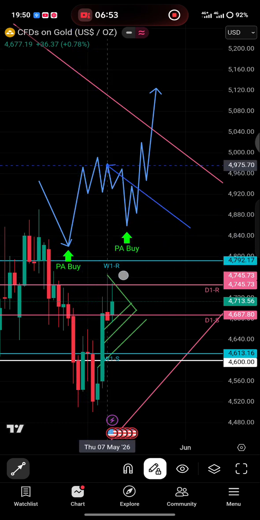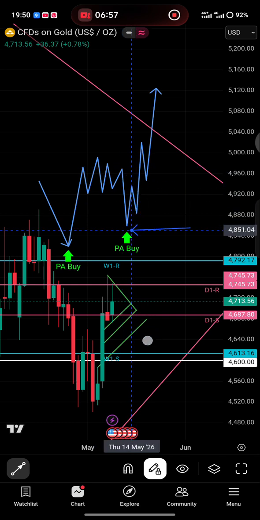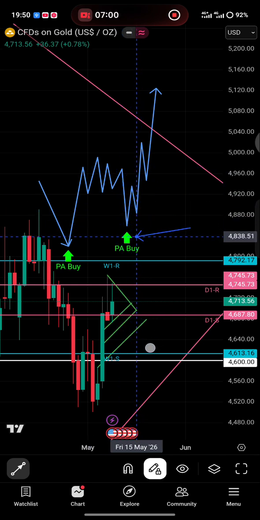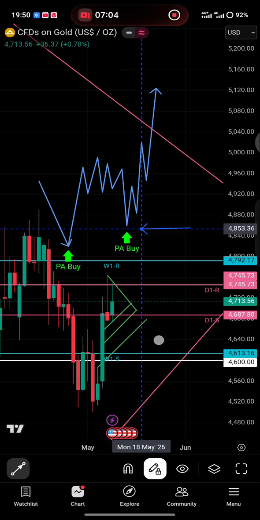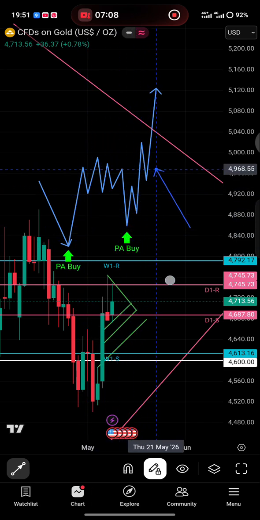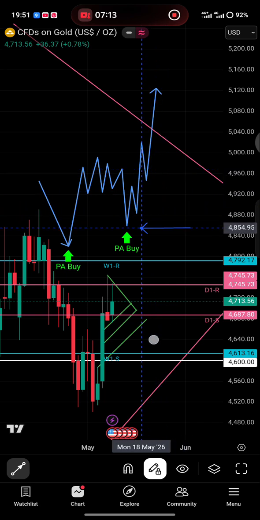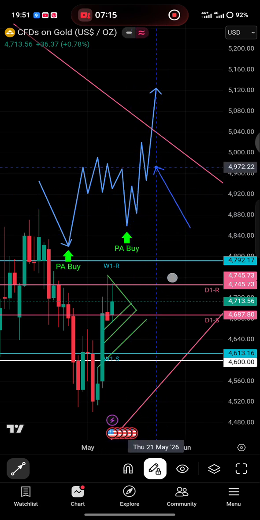And after pushing up, going sideways, going to consolidation, and then dumping to take out buy side volume once more, and then forming another reversal, this is also a new PA buy, but in my terms, I call this a foundation, right? A higher foundation is being formed when the price pushes up and then dumps once more to form a new foundation. All of this is what I call a foundation.